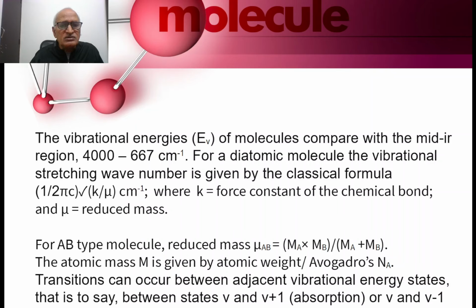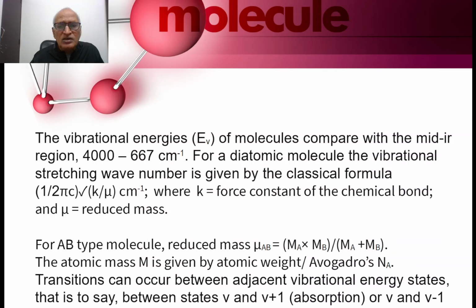Transitions can occur between adjacent vibrational energy states. What I mean to say, if a molecule absorbs infrared radiation, then it gets vibrationally excited. The selection rules state that if a molecule is present in the quantum level v, then by absorption of energy, it will go to the next higher level, that is v plus 1 level.